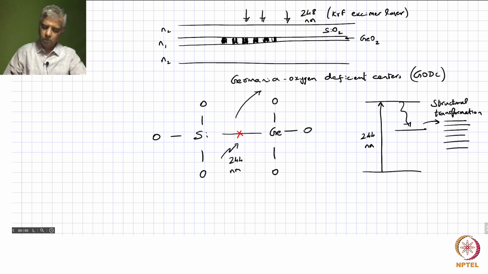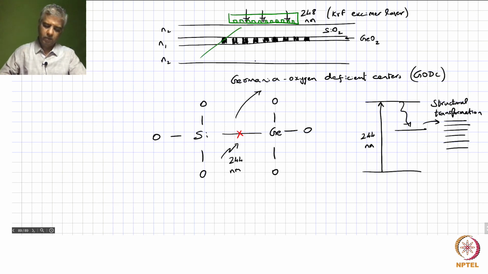So how do you get a periodic refractive index change like this? That is using a diffractive element which is called a phase mask. You send this light through this diffractive element, which is like a grating by itself, that essentially creates two parts.